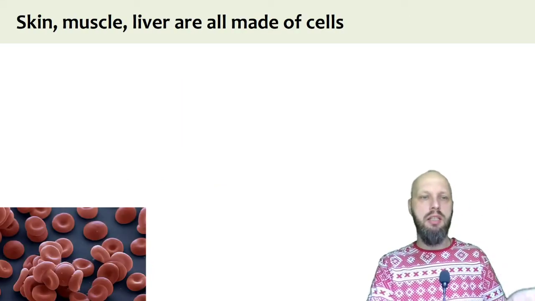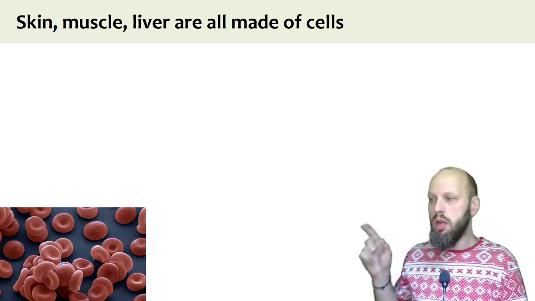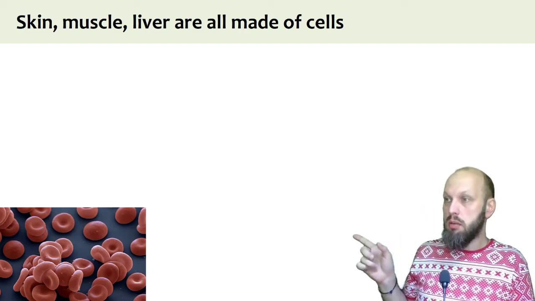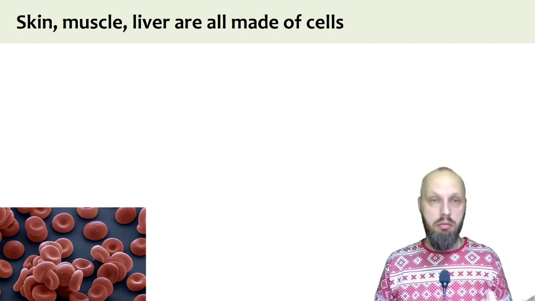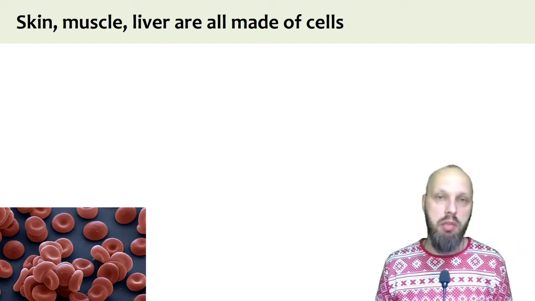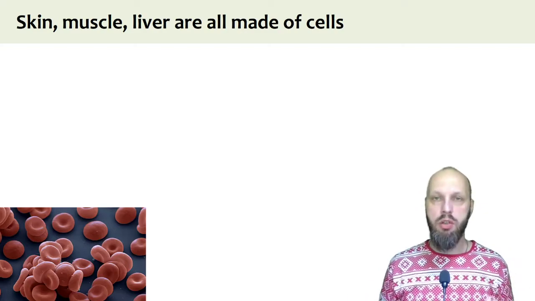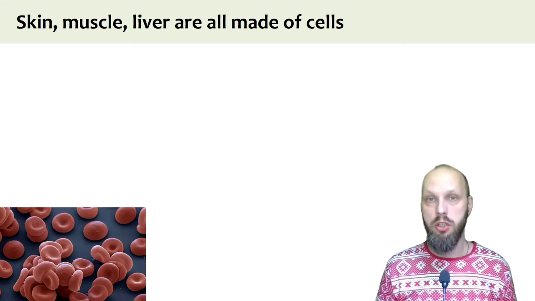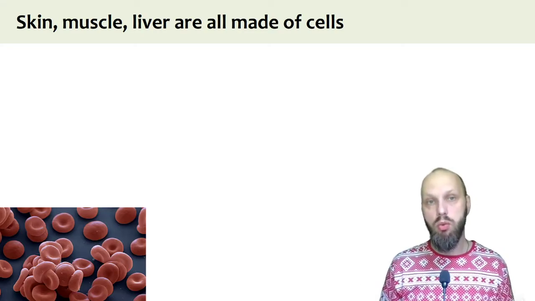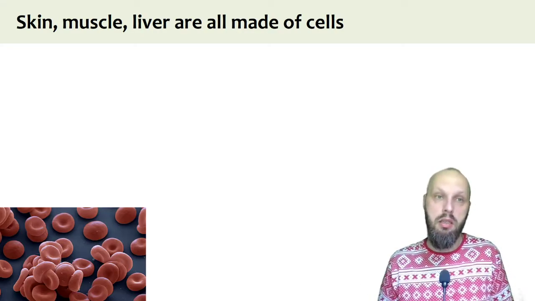Let's see here. So these are blood cells, and each blood cell is red so it makes blood red. And the blood carries oxygen around, and indeed each blood cell carries a little bit of oxygen around. So cells do what blood does.